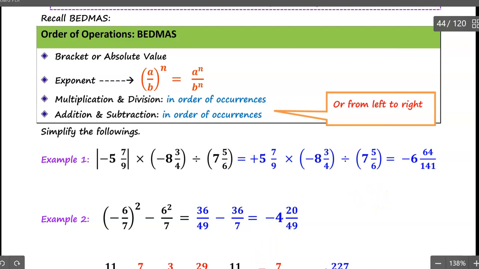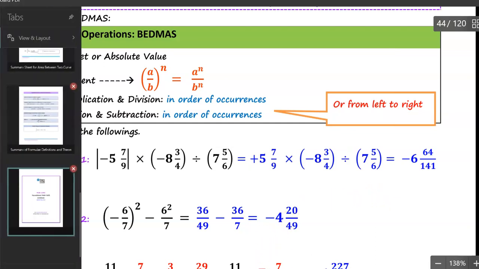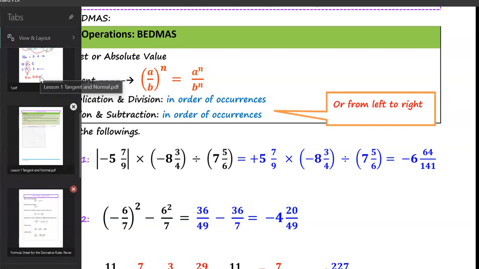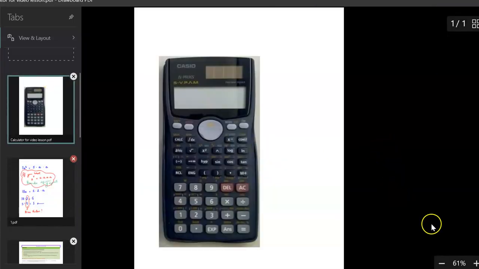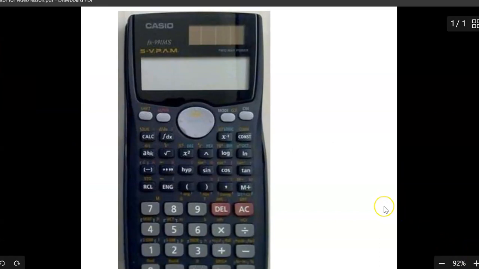Okay, so let me show everyone the calculator that we use for this class. We are using the Casio FX991MS. The reason I picked this calculator for this class is that if you go into the School of Technology, if you enroll in any program later at the college after you finish your current program, this calculator is required for the School of Technology.